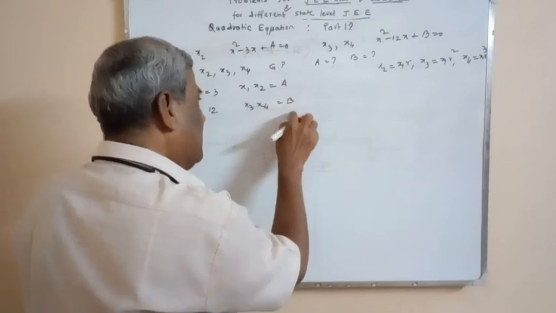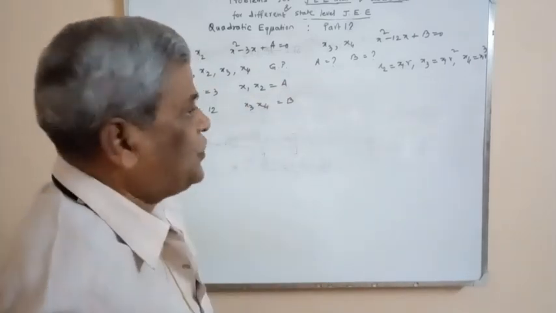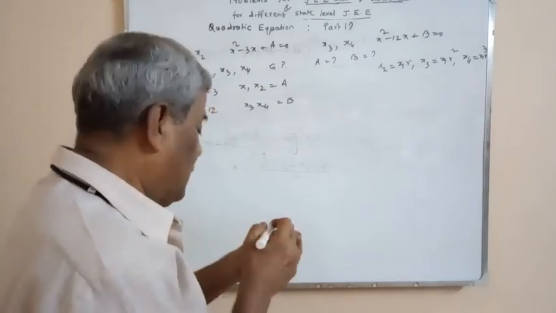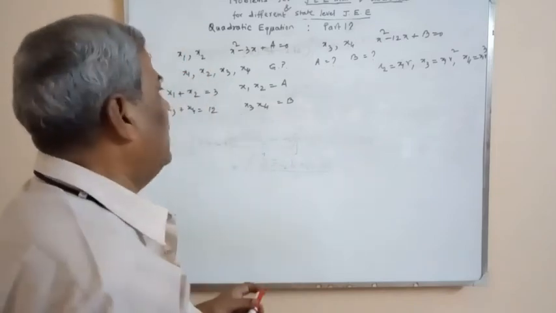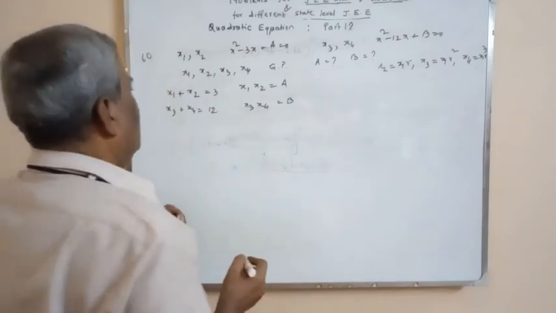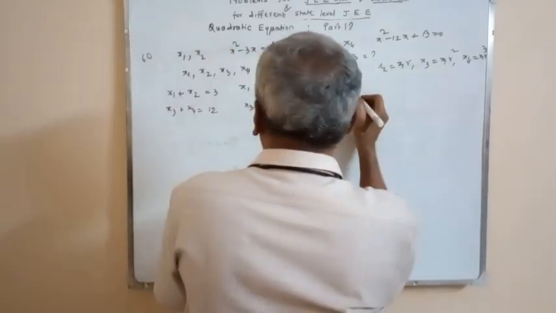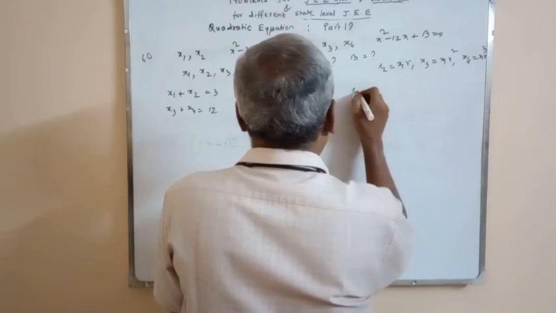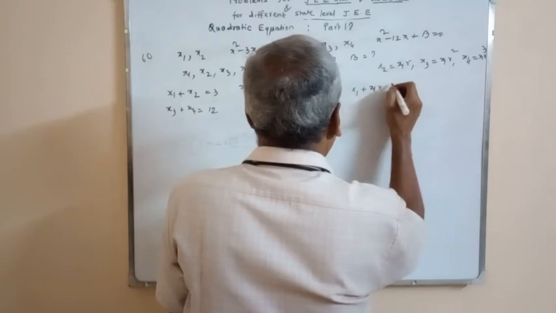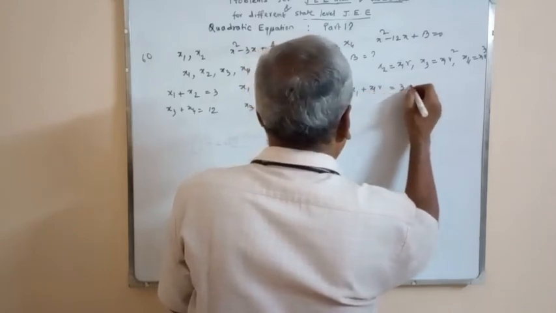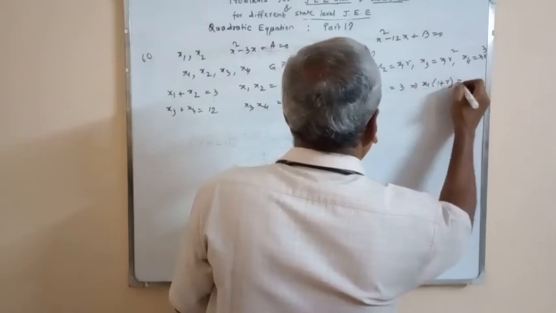Actually, we have to find A and B, so we have to find x1, x2, x3, x4, or we have to find x1 and r. Then all terms can be calculated. From this and that, we have x1 plus x2, that is x1 plus x1 r, equal to 3, giving x1 into (1 plus r) is equal to 3.